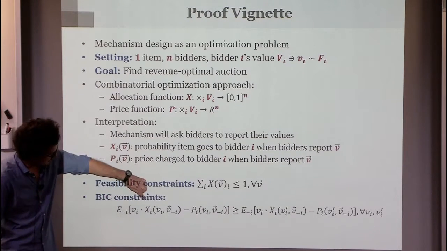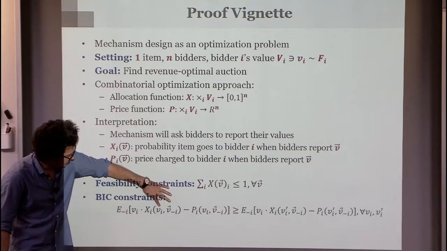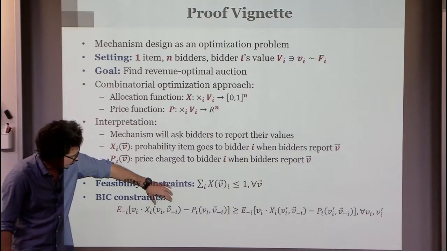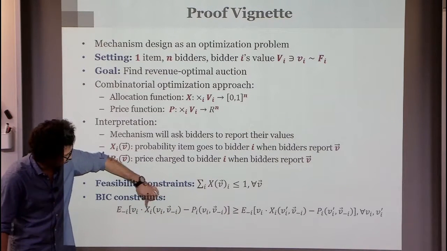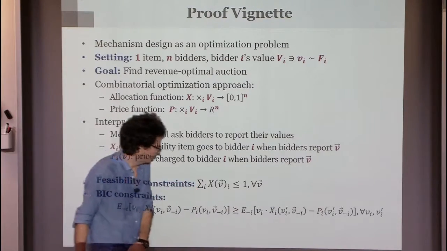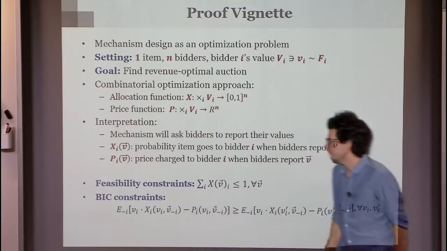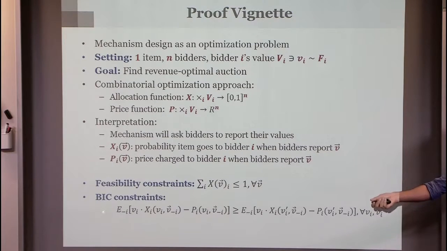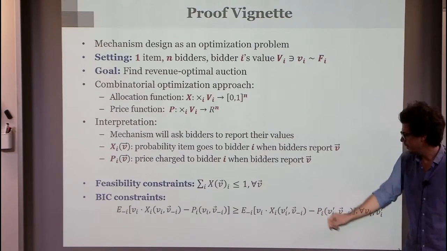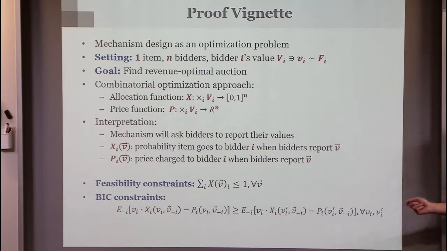He's interested in the probability that he's going to be allocated the item if he reports vi, in which case his expected value would be the product of the probability and his value, and he's going to be charged this price. Both of these depend on the other people's reports, and he's taking an expectation over them. He's comparing the expected utility with what would happen if he instead misreported his value and said vi prime. And what this constraint says is that for every possible value, he doesn't want to do that. Okay, that's the standard thing.